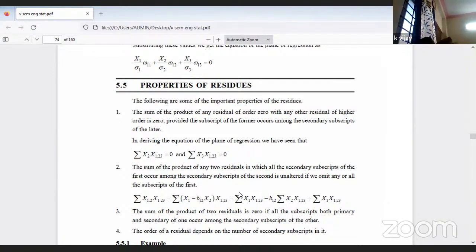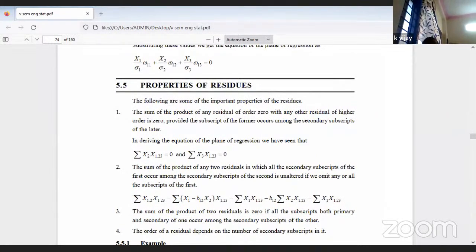We are writing here x2 into x1.23 and x3 into x1.23, so there is no mistake here.